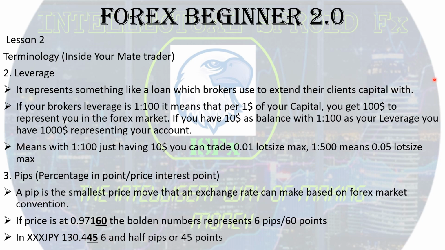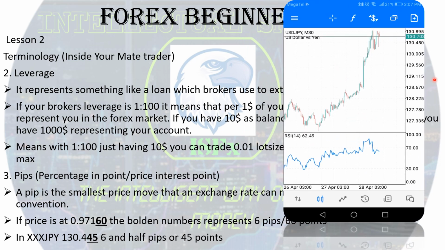So let's get to your next terminology. Of course, let me show you where you find your pips. Here is essentially where you see your price, guys. As you can see, your price is at 130.703. This is where you find your price.